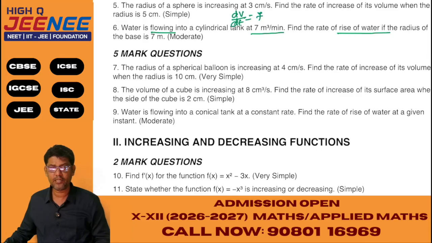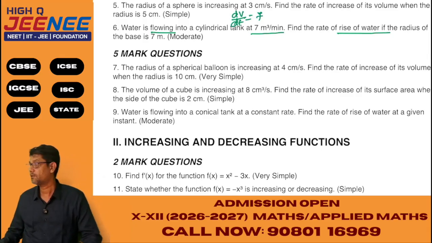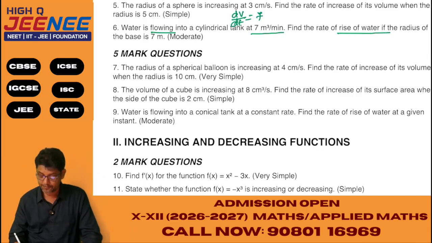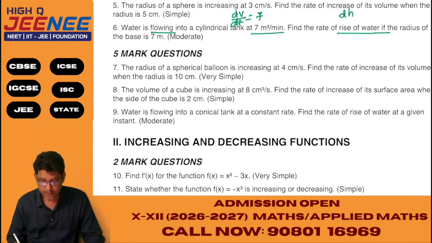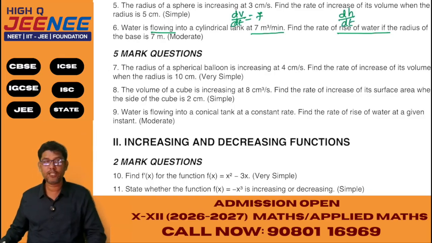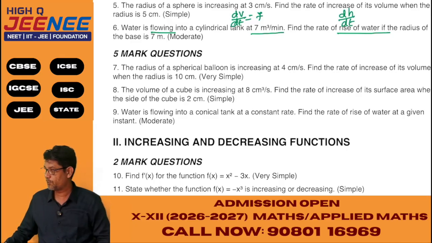Anyone tell me what is increasing? This is what they ask you to find out. Am I right? So that means we have to differentiate h with respect to t. Is it clear, all of you?